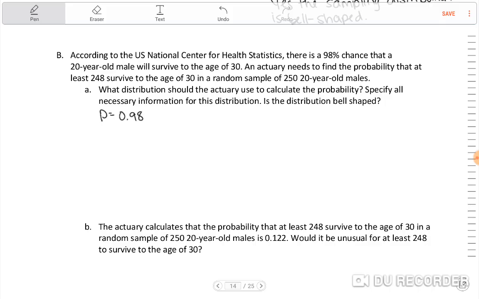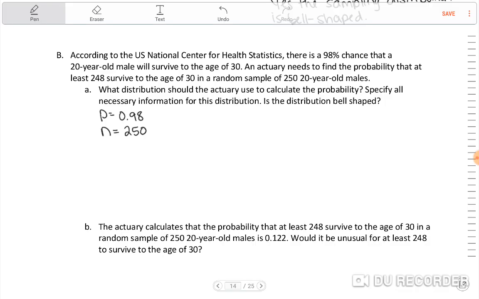That's the probability of quote-unquote success, which is our survival. And I know N, my sample size, is 250. This is seeming kind of binomial, because I've got the probability of success, which is survival, and I've got the sample size, N, which is 250. So I'm kind of thinking maybe binomial.